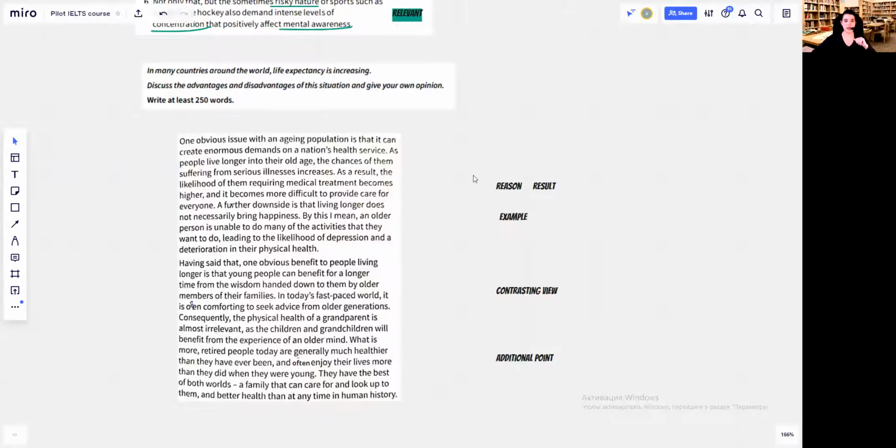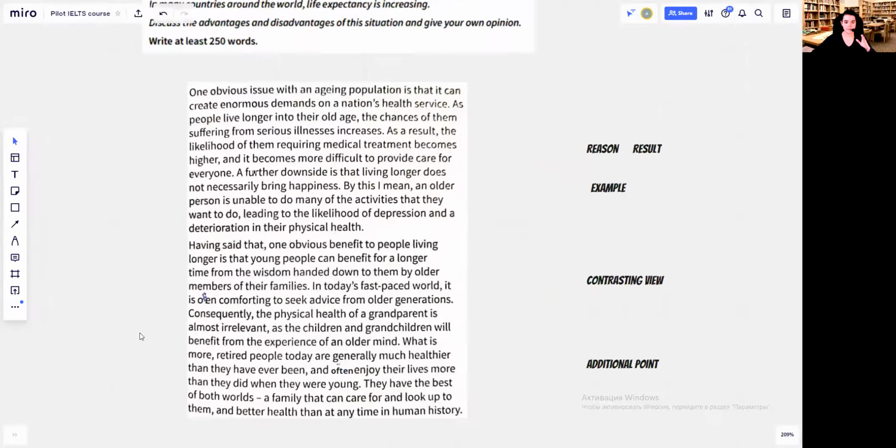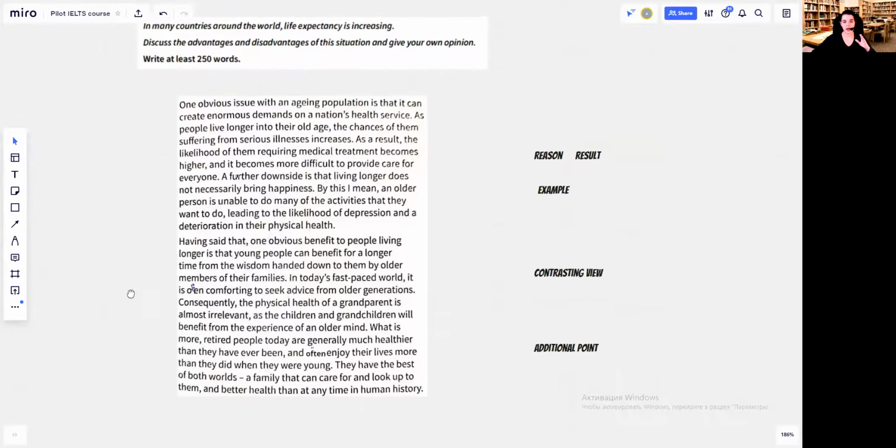The task says, in many countries around the world, life expectancy is increasing. Discuss the advantages and disadvantages of this situation and give your own opinion. Now, for most efficiency, I'd like you to stop the video, read the paragraphs carefully, and try to deconstruct what they say.